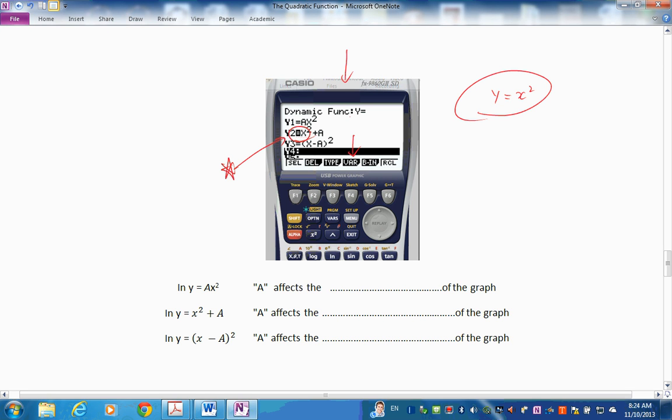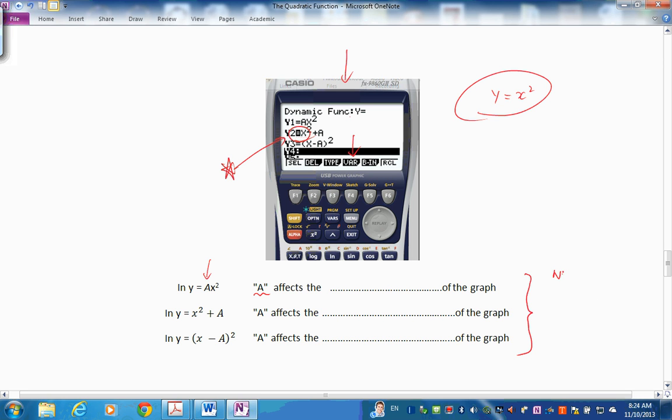Okay. I think that's all. Before you try to answer the questions here, I want you to be pretty ingenious here as a young mathematician. And when we say over here, A affects the what of the graph, make sure you've investigated a nice range of A's. I just suggested you start at A as 1 and go to 5.